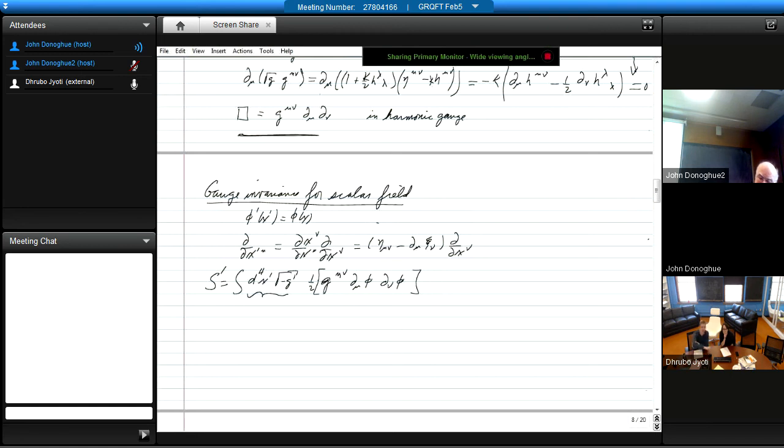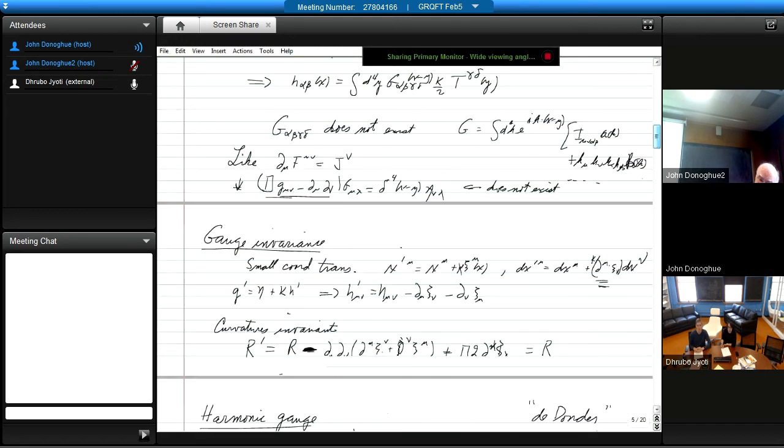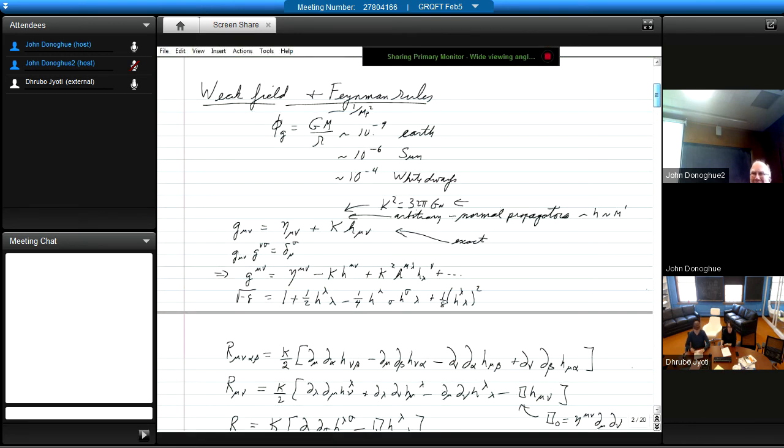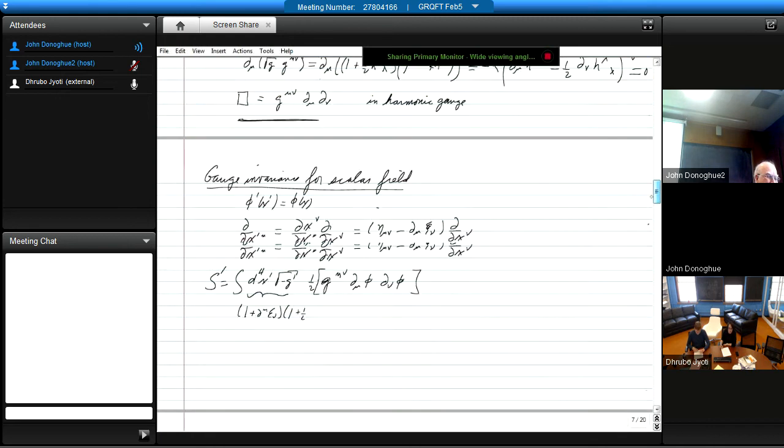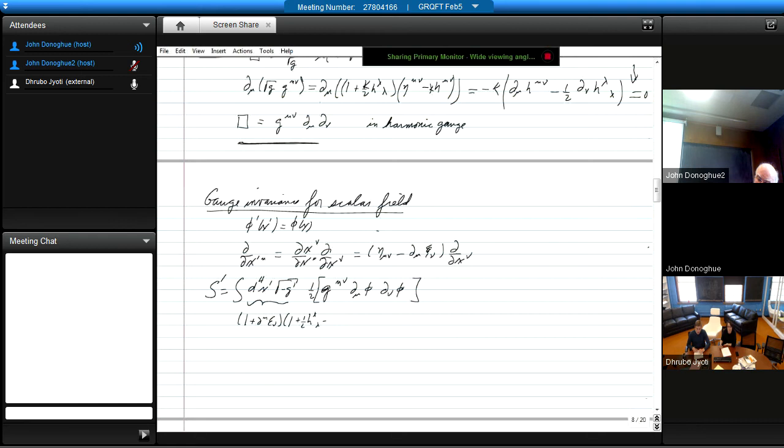I asked you to check this as an exercise. If you didn't, you would just find out that the dx prime piece transforms like 1 plus d mu epsilon nu, and the square root of g piece is 1 plus a half, if I got my signs right, let me just go back up a second, plus a half h lambda lambda minus d mu epsilon mu.